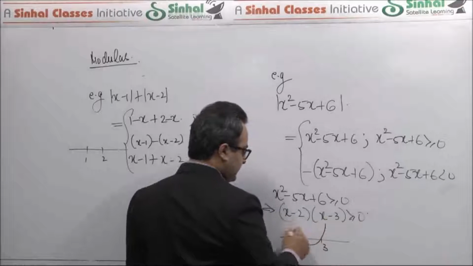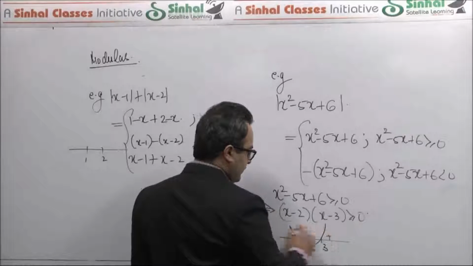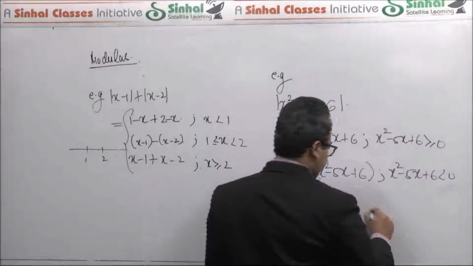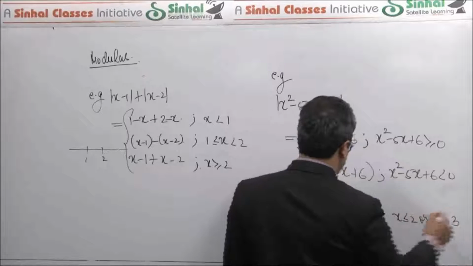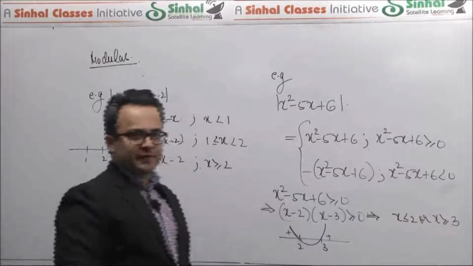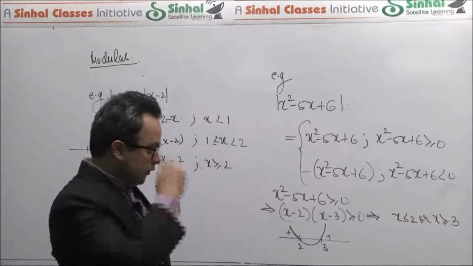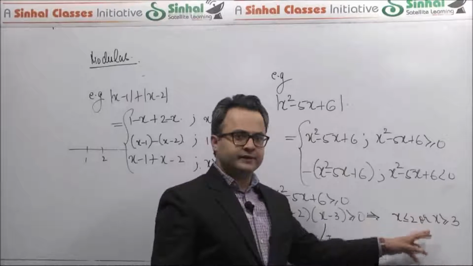The wave would be something like this. Greater than or equal to 0 would happen over here. Right, so it's turning out that x square minus 5x plus 6 will be greater than or equal to 0 if x is less than or equal to 2 or greater than or equal to 3.